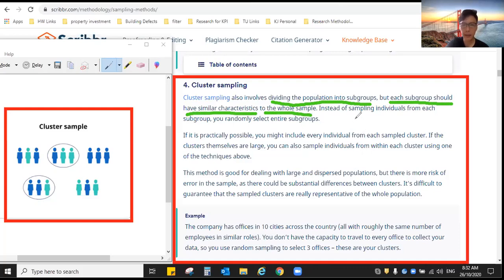Then instead of sampling individuals from each subgroup, you randomly select subgroups. To make it easy, read the example.